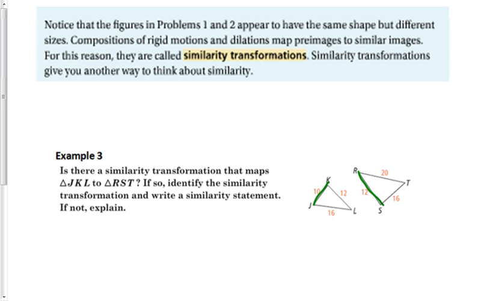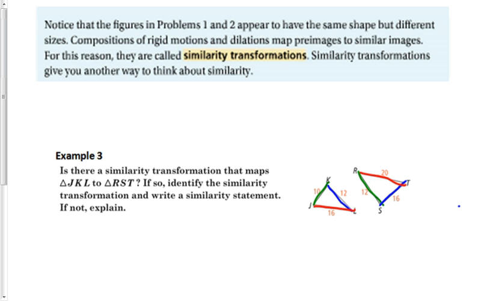KL has to go with ST. And then finally, JL with RT. So these two definitely look like they're similar. Maybe rotate them and then dilate them.